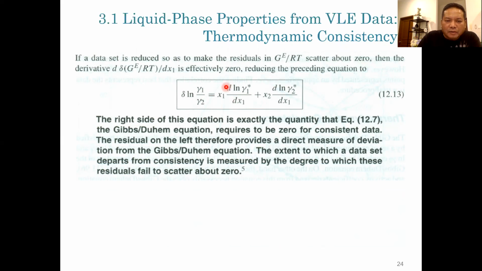Then delta ln gamma 1 over 2 will equal to this equation here, because it is almost 0. It just means that if GE over RT is equal to 0, it is exactly an ideal solution. So it varies a bit, but normally it is very close to it.